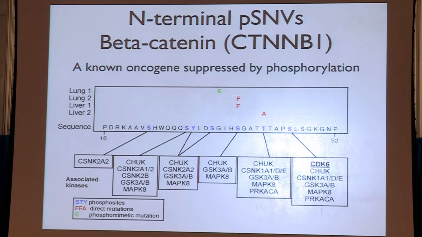And we predict some known cancer genes that are in this region here, which sort of validates the approach. Here's an example in beta-catenin, where a lot of mutations seem to be affecting phosphorylation sites. And we also know some kinases that are responsible for phosphorylating these sites.